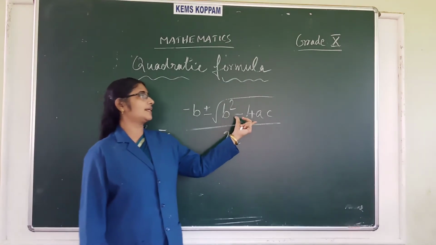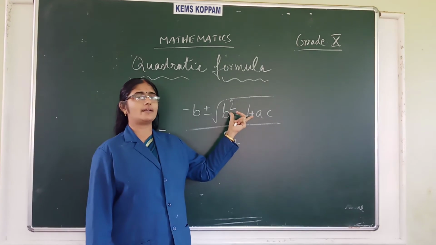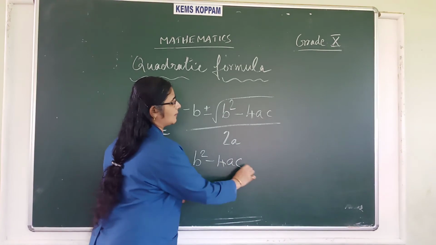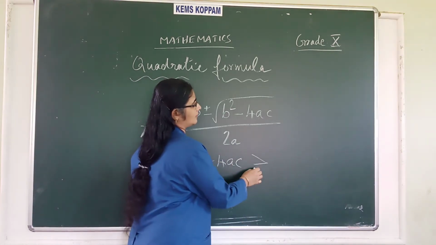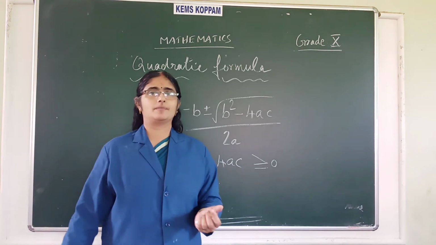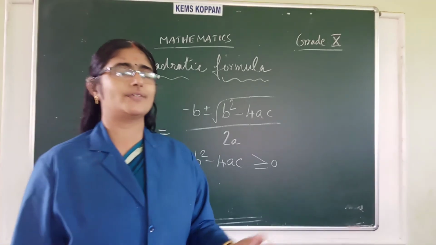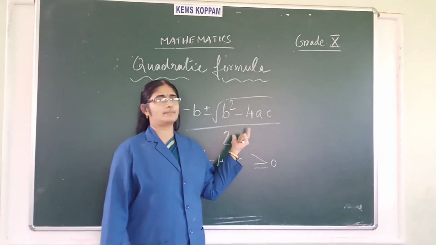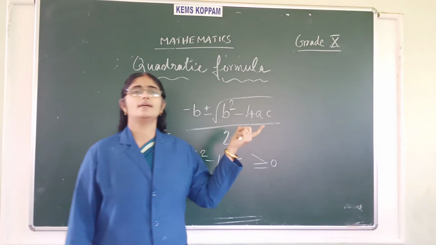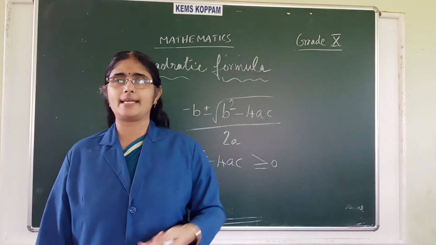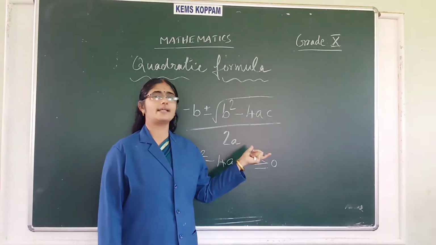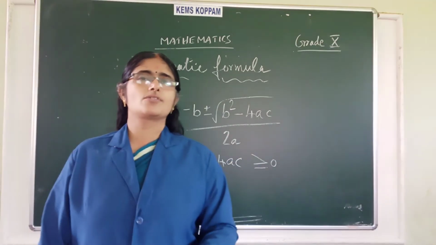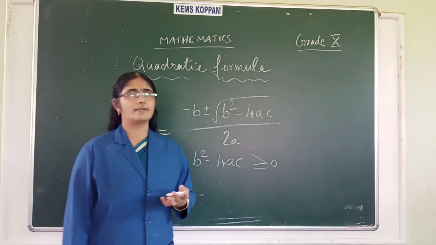The condition is b square minus 4ac greater than or equal to 0. If its value is less than 0, then it is a negative number. The root of a negative number is imaginary, not real. Root of negative 1 is imaginary, root of negative 2 is imaginary, it is not real. So the roots are not real.